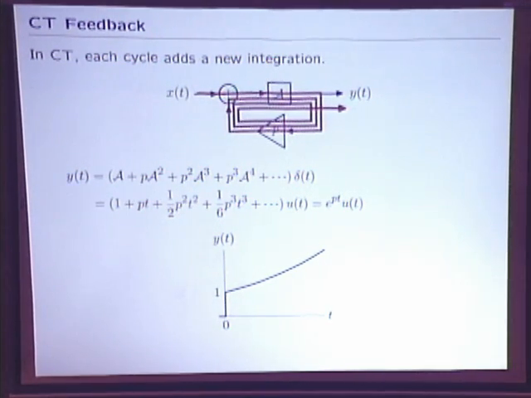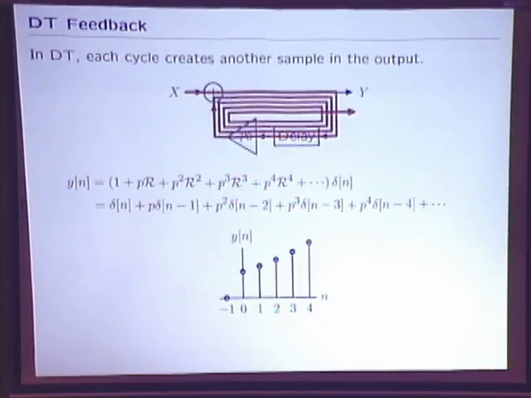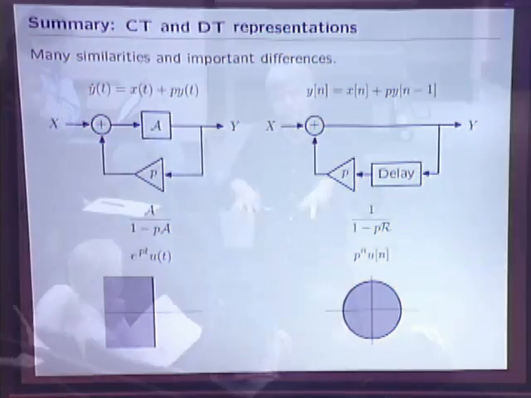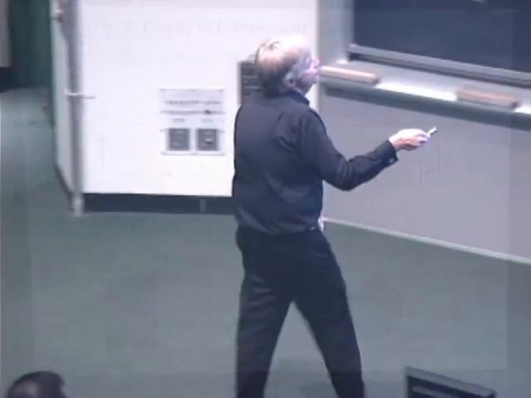We think about how feedback gives rise to an infinite number of those. In DT, each time through gave 1 unit of delay. In CT, it gave 1 unit of integration. The method is the same. The answer is different.